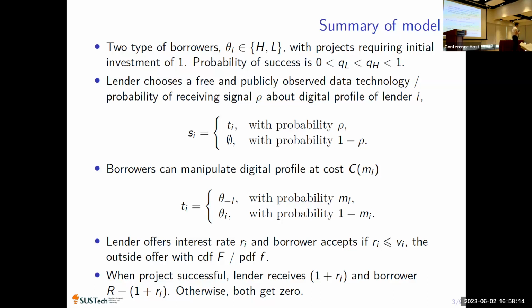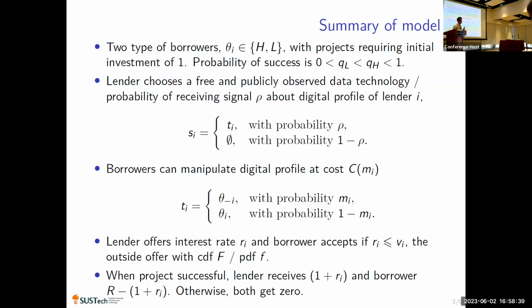So there are these two possible outcomes. The fraction of high type borrowers is alpha. Then the lender can choose a probability rho with which it observes a signal, that is the digital profile of the borrower. Okay. And this probability has two possible interpretations.